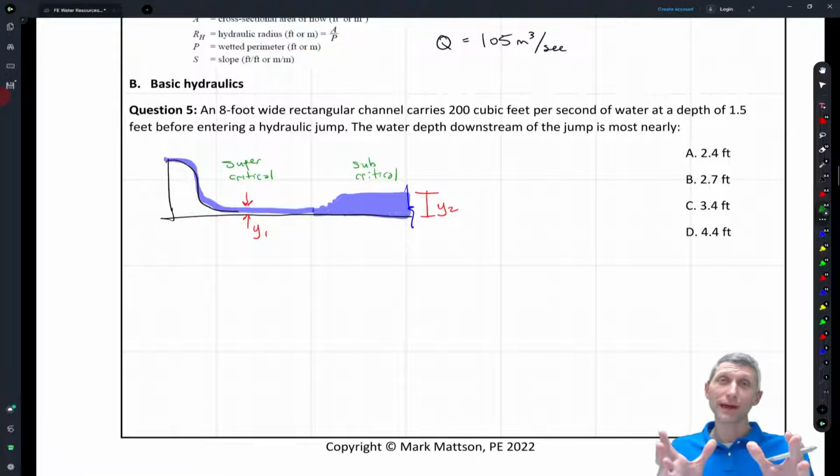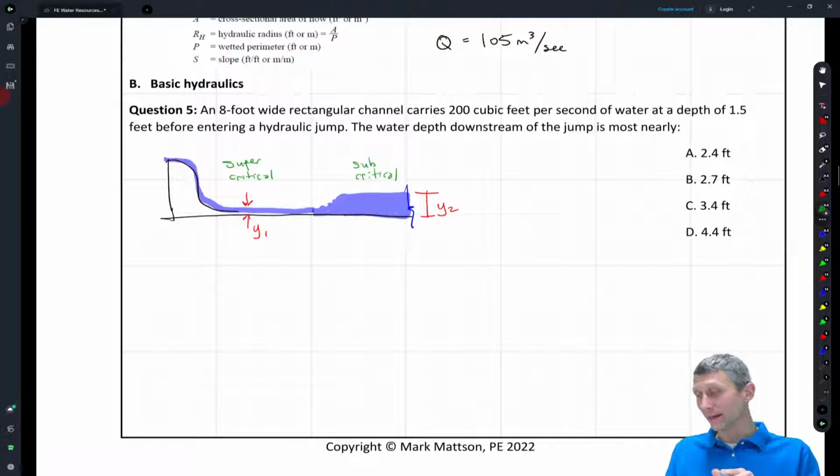We've got this really fast water that's going to go supercritical, and then at some point, if the slope lessens, especially downstream of a dam or a spillway, you'll see it all of a sudden jump and go to subcritical. So we want to find that.